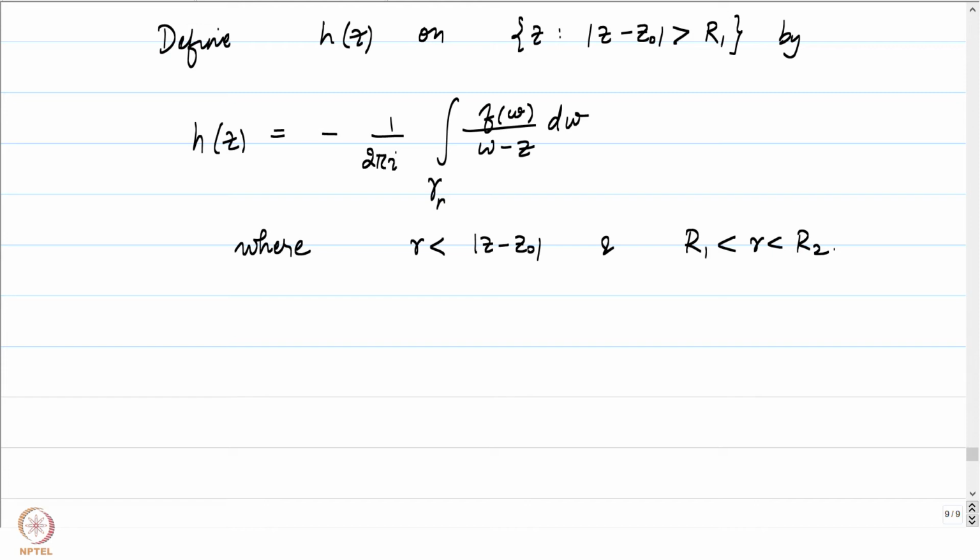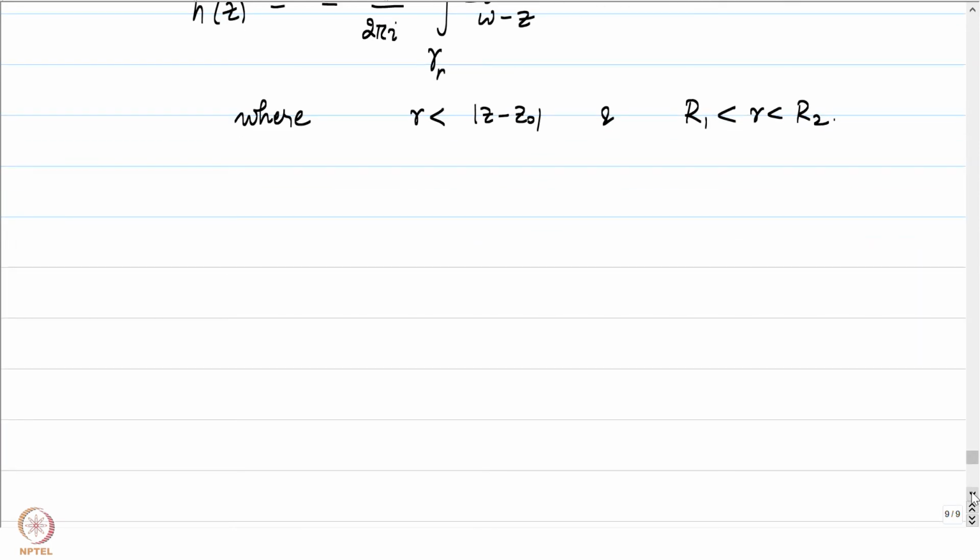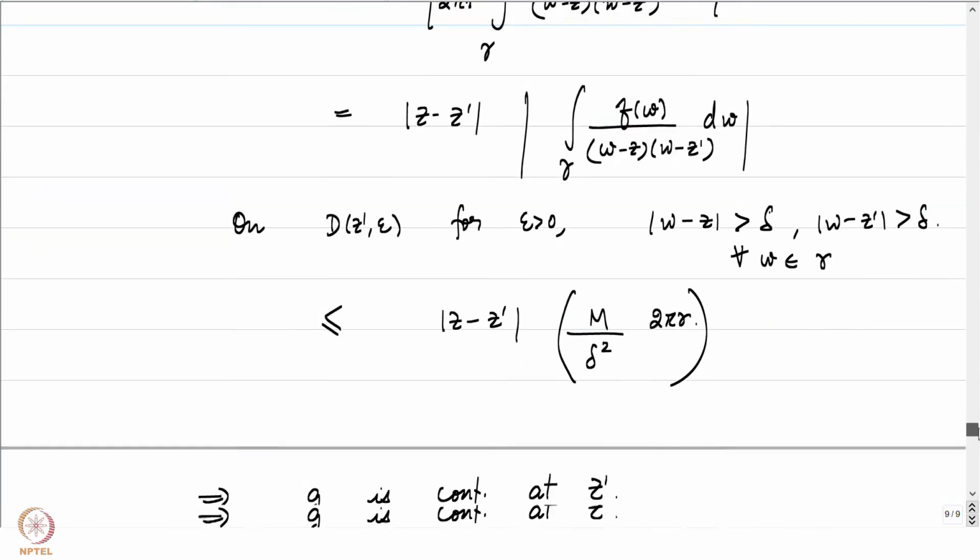Yet again, all the arguments that we gave earlier for g of z go through for h as well. h is a function which is holomorphic on the region z such that mod z minus z0 is greater than r1, and it is also well defined, it does not depend on the exact r, because f of w by w minus z will be holomorphic in the relevant annulus. So let me not go into the details again, it is just a repetition of the arguments which we gave for our function g.